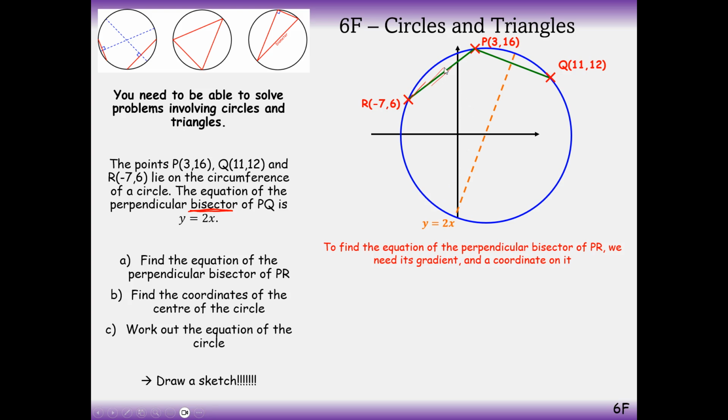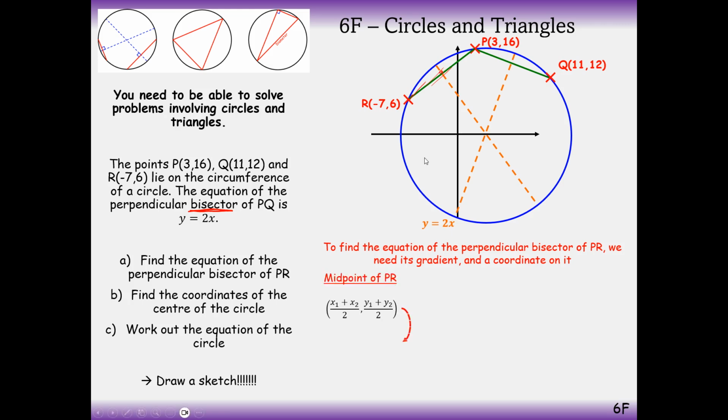We are going to figure out the gradient of the green line joining P to R, then its perpendicular bisector, and finally where the two orange lines meet each other.